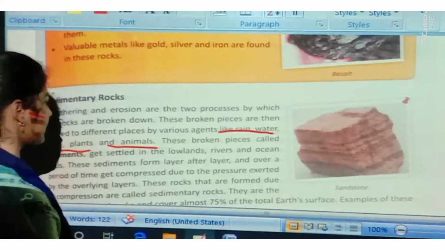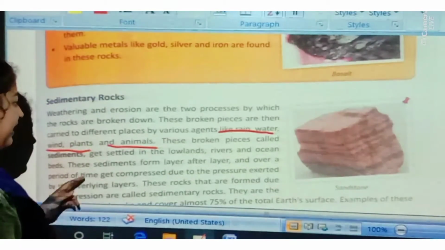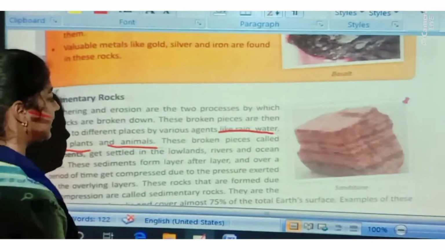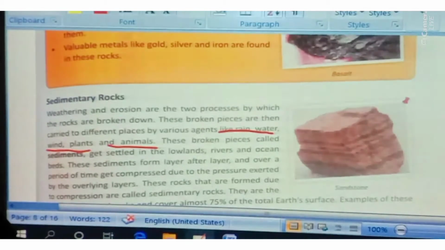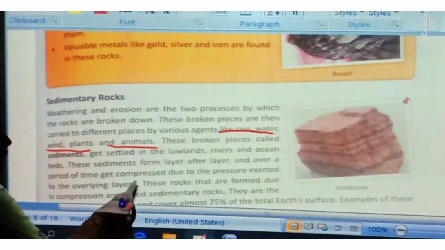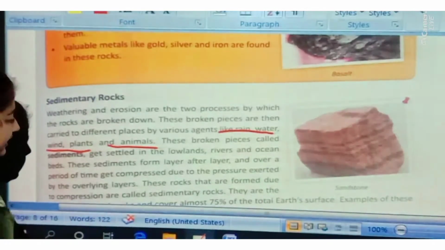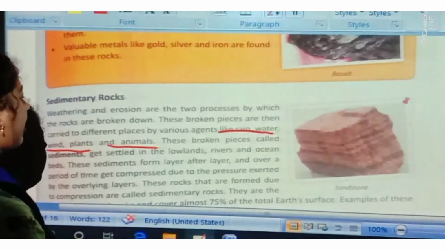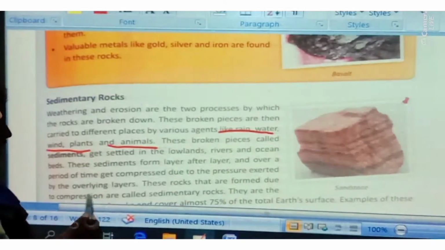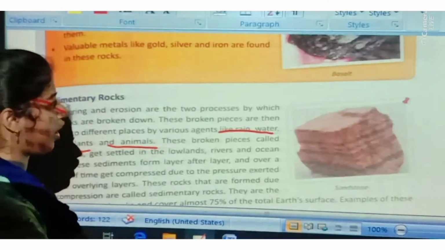These broken pieces, called sediments, get settled in the lowland, river and ocean beds. These sediments form layer after layer and over a period of time get compressed due to the pressure exerted by the overlying layers. These rocks that are formed due to compression are called sedimentary rocks.